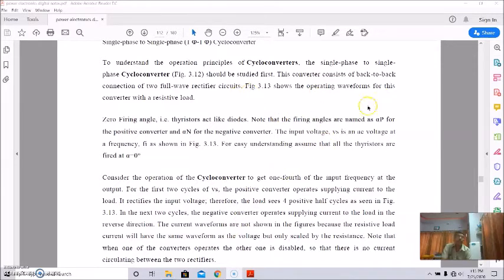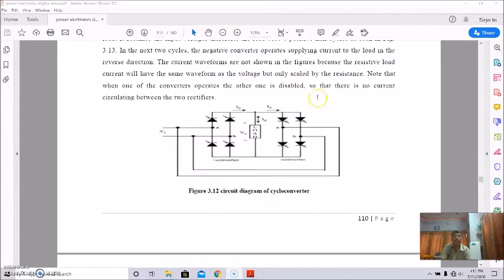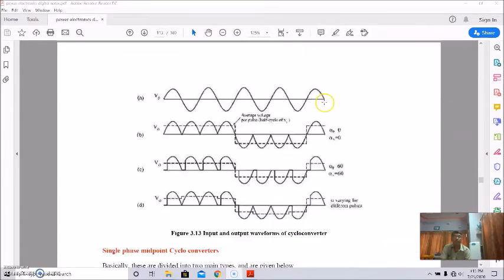These are the operating waveforms for this converter with a resistive load. This is the supply, and this is the average voltage per phase. This is the positive half cycle, and this is the negative half cycle.